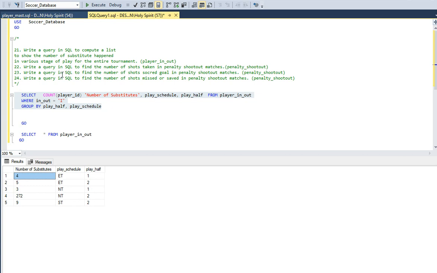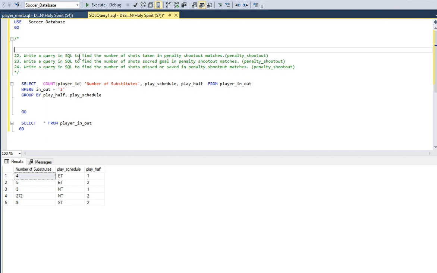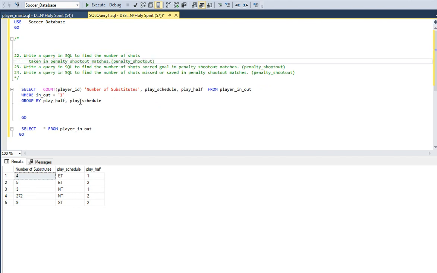So the next equation, I'm deleting this thing. Next question is find the number of shots taken in penalty shootout matches. Okay, penalty shootout. Execute.